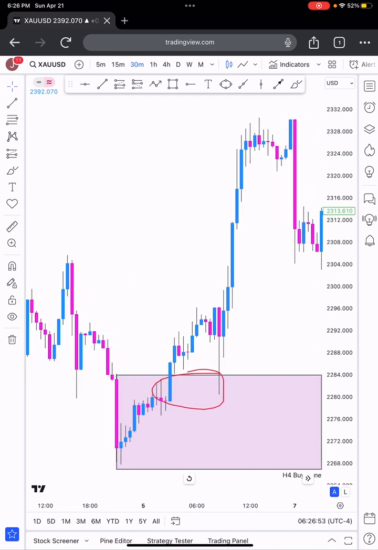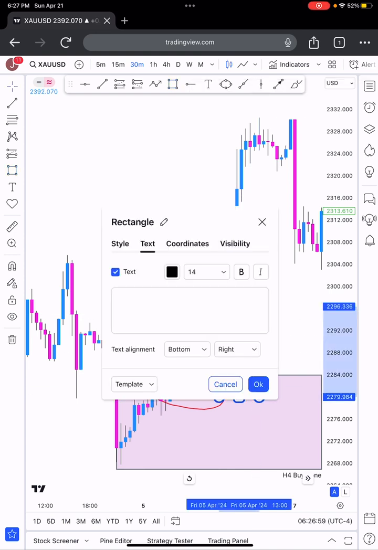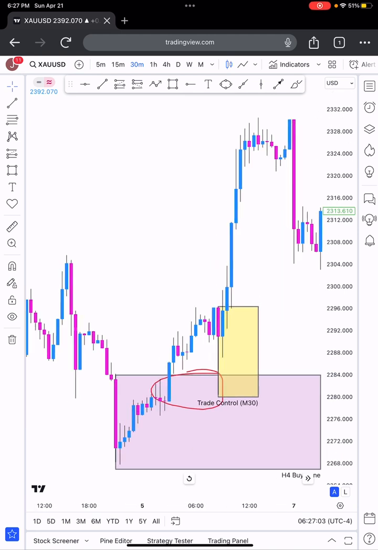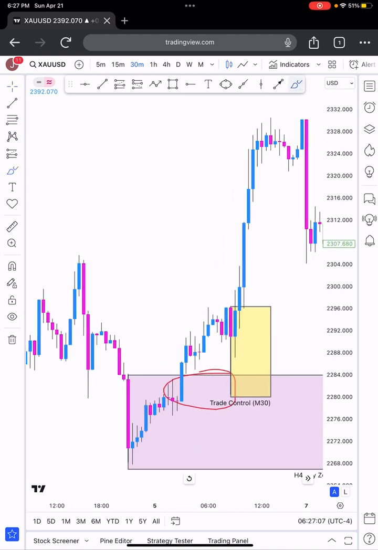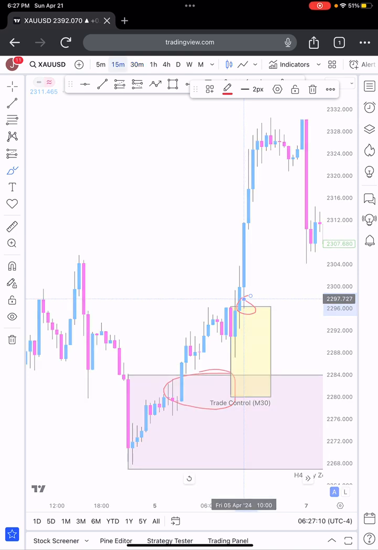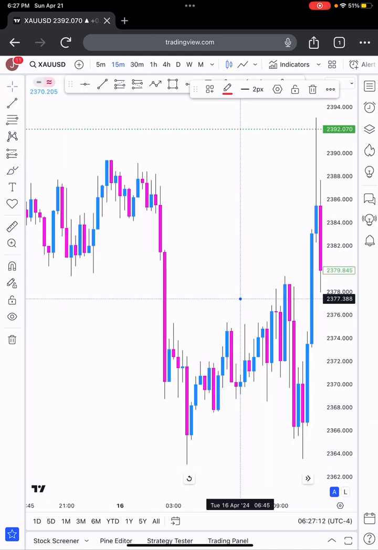Price created this trade control here. After price tapped into it, it created this trade control. And then after that, price came back into the zone here. So let's drop down to the M15 time frame and take a look.